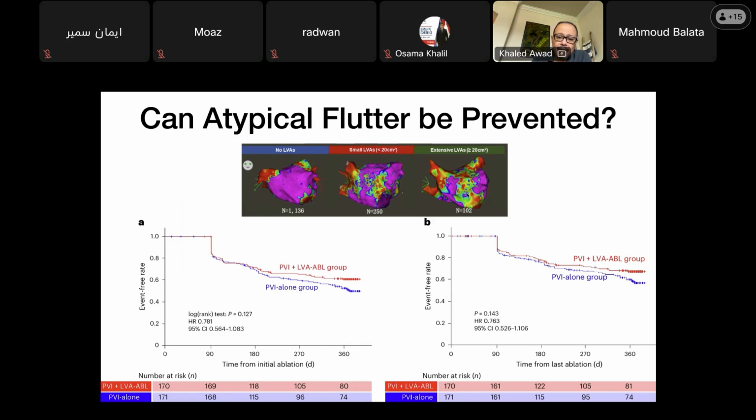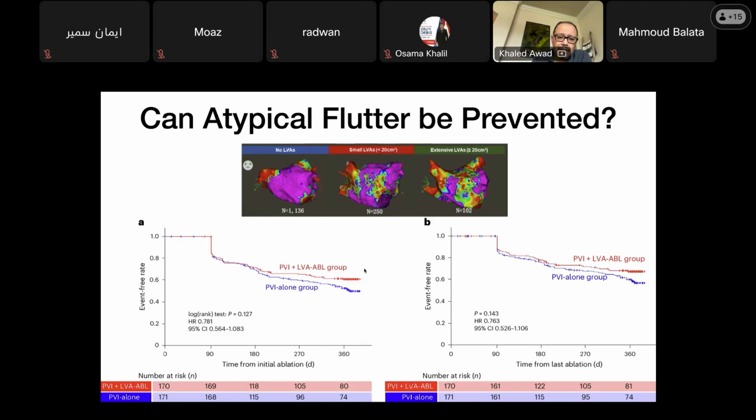And they found some really interesting differences between these groups, but essentially, once you have voltage abnormalities, if you do not address those with additional ablation, you probably have a higher rate of recurrence.